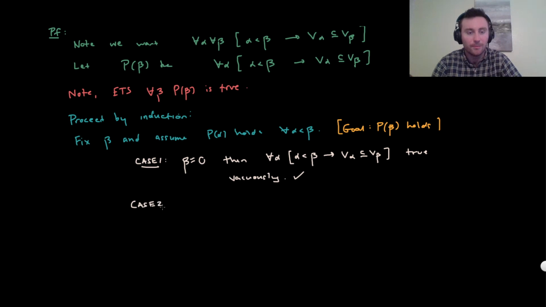What about case 2? Well, let's assume that beta, say, is equal to alpha plus 1. And so what's our goal? Actually, maybe not. Let's not use alpha because alpha maybe appears here. What if beta is equal to gamma plus 1?